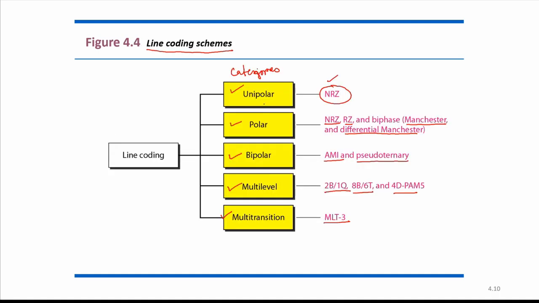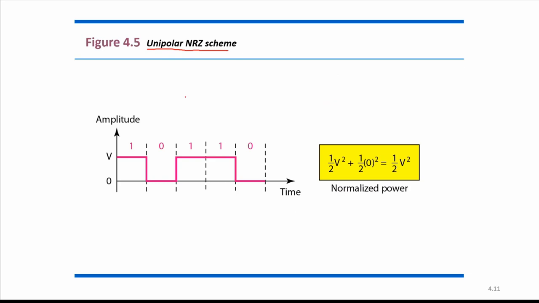In case of unipolar, its meaning is that all the waveforms will be on one side only.